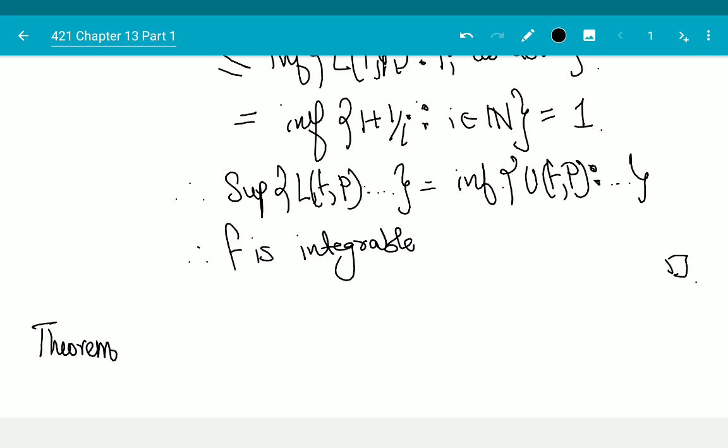Theorem, what is it called, 13.2, theorem 2.